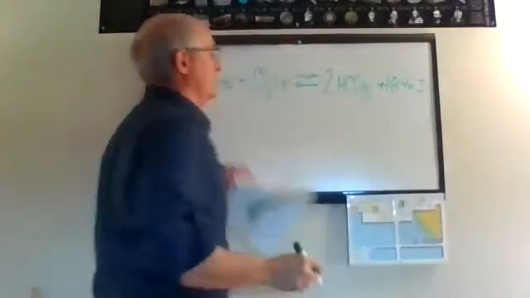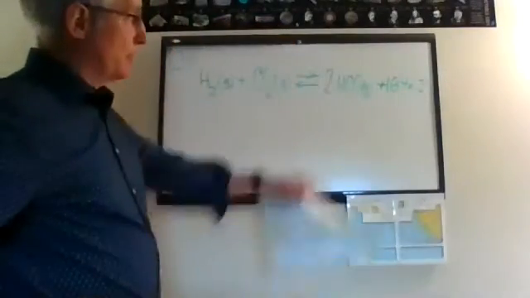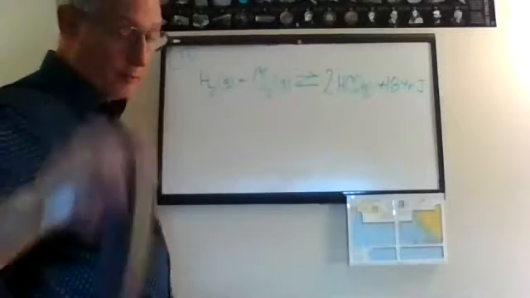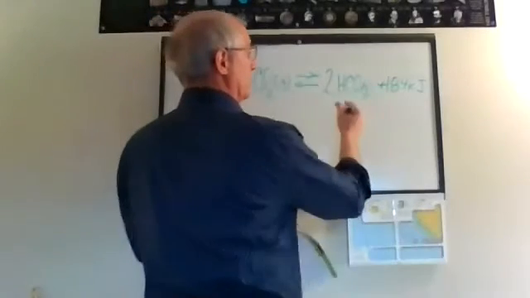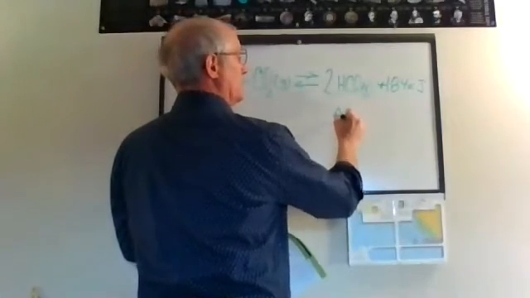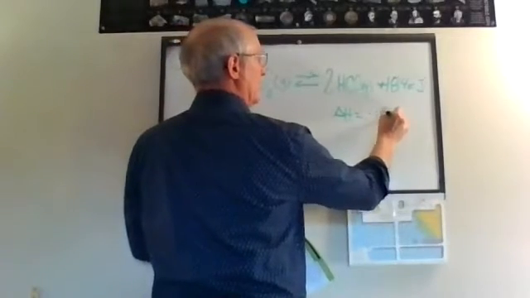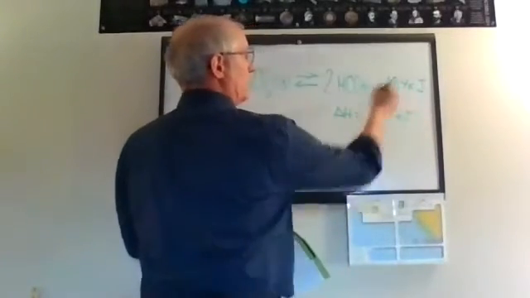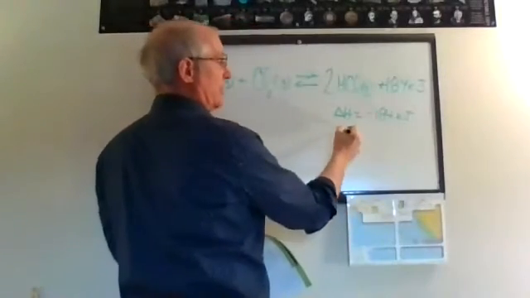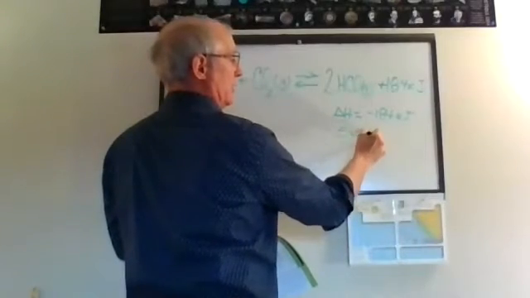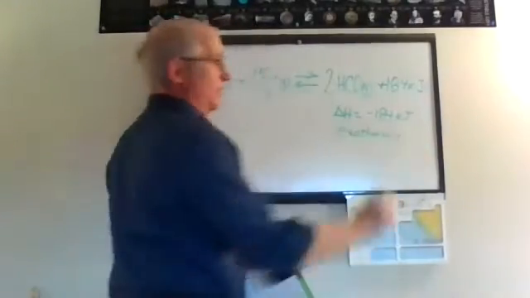Now, instead of writing the equation like that, with 184 kilojoules, you remember that we could have just written: change in enthalpy is negative 184 kilojoules. Either one of these expressions means exothermic. Heat is being released.